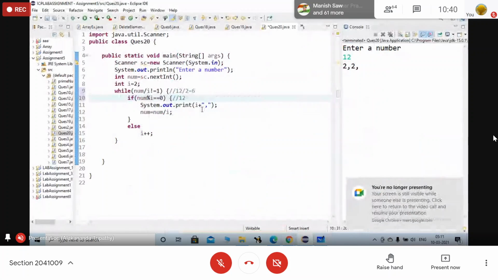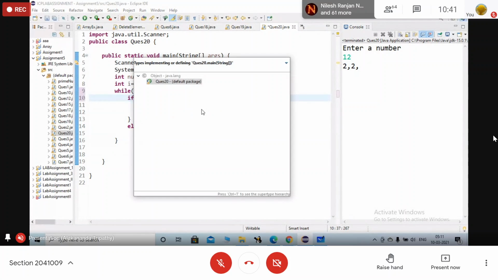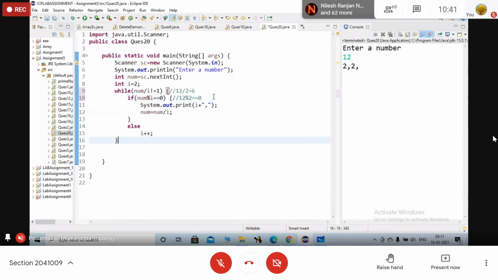So now here check it. 12 mod, यहाँ पर I का वैल्यू 2 है, equals to 0. Now the condition is true. So if the condition here is true, यहाँ पर print कितना होगा?